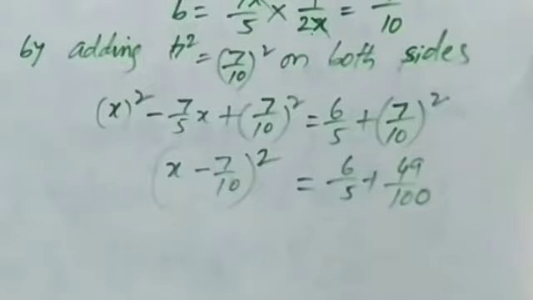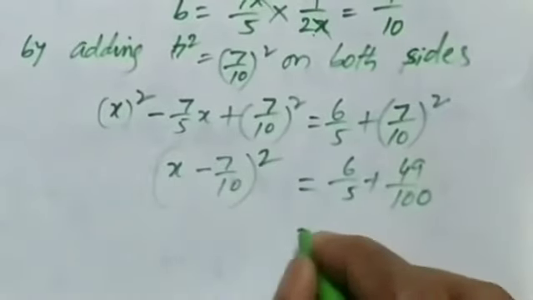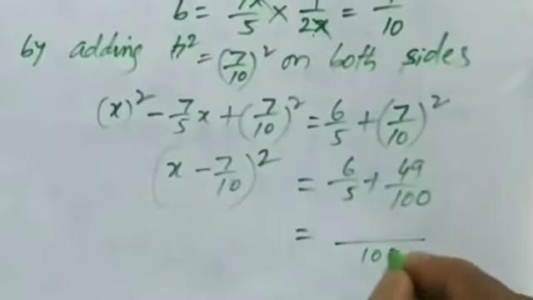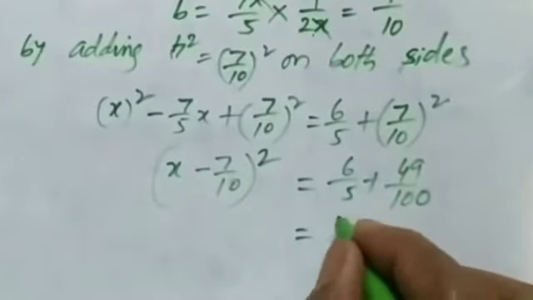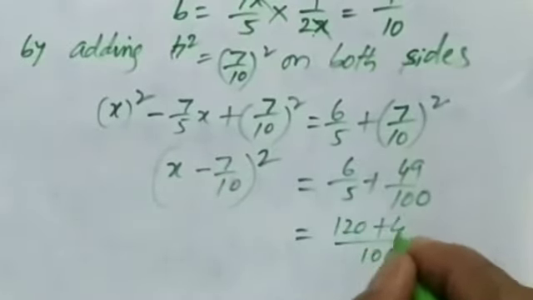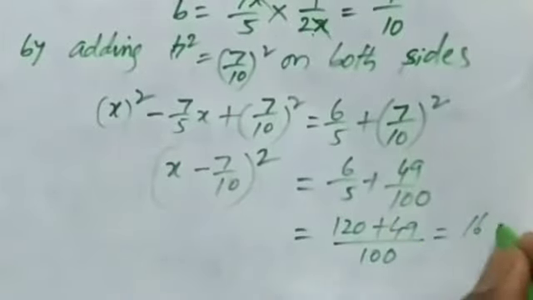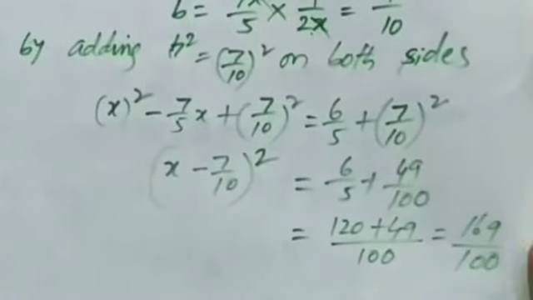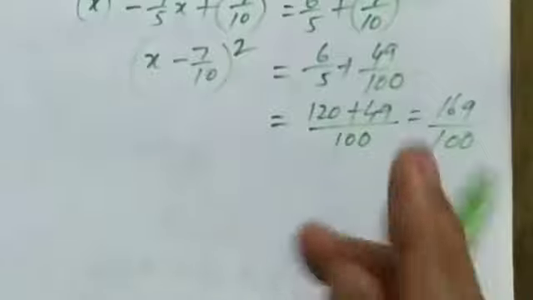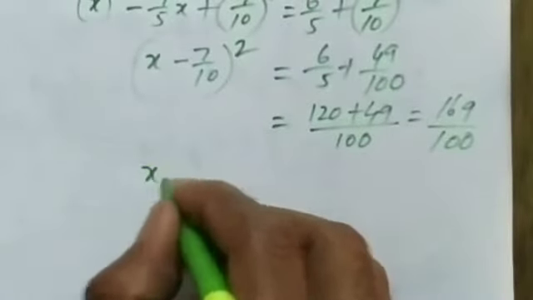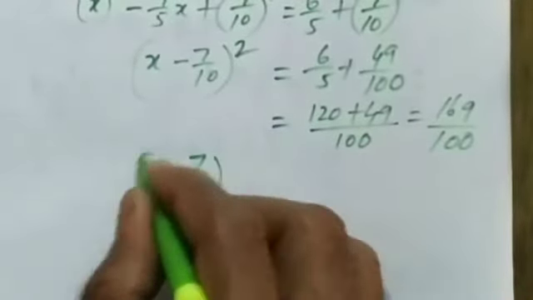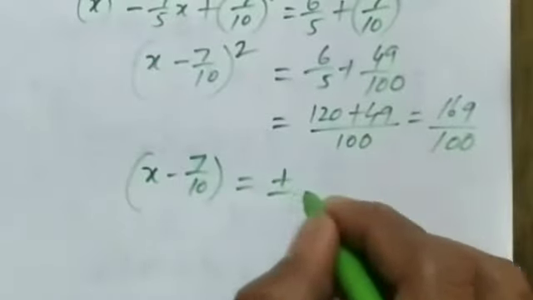So on simplifying 6 by 5 plus 49 by 100, what is the LCM? 100. 5 20s are 100, 6 20s are 120. 120 plus 49 is 169. So 169 by 100. What is the square root of 169? 13. 13 13s are 169. What is the square root of 100? 10 10s are 100.